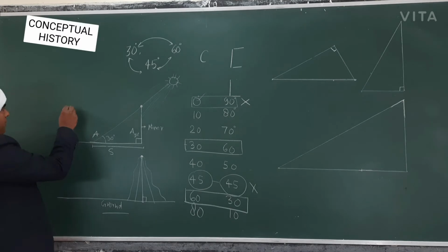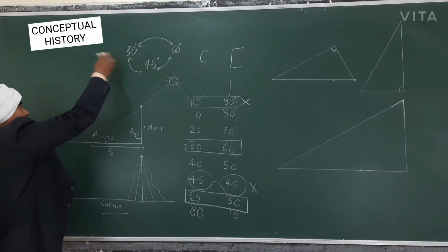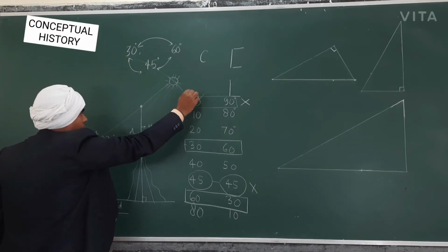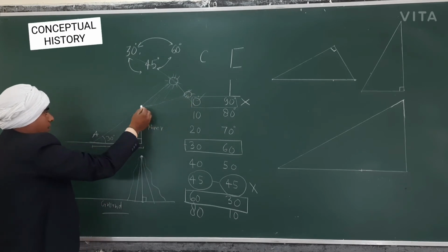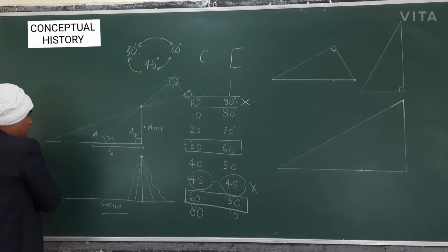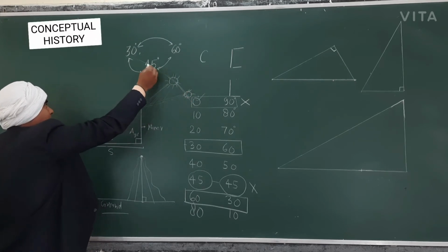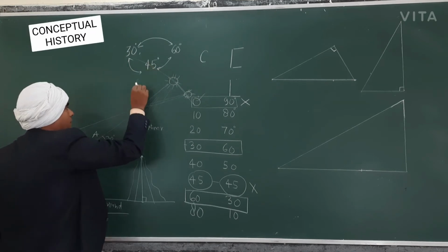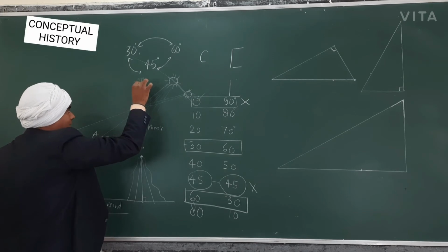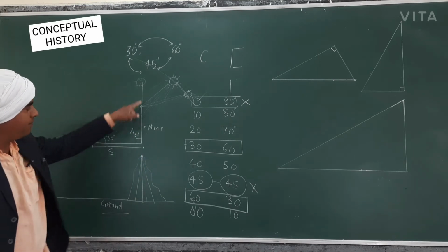Suppose at any time, the sun is moving around in different directions. When the sun is rising, the length of the shadow is more. At exactly 12 o'clock, the sun comes just above the head, so at that time the shadow is 0.